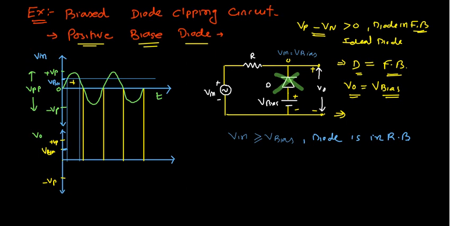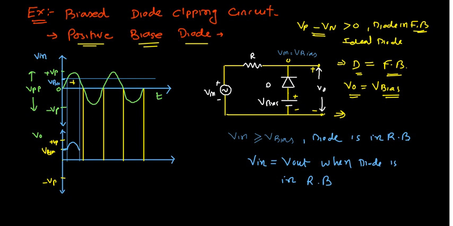So we can directly say that V input equals V output at this time when the diode is in reverse bias. So at this point the diode is in reverse bias, so we are getting V input equal to V output up to this point.